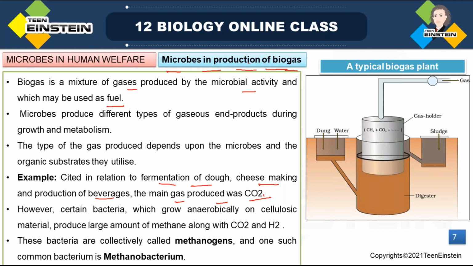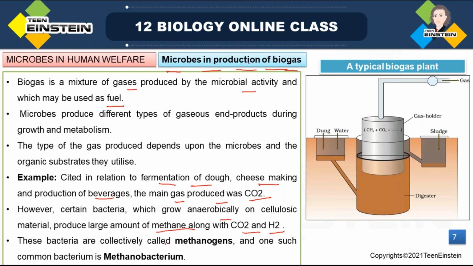Okay, then certain bacteria, like anaerobic bacteria on cellulosic material, produce a large amount of methane along with carbon dioxide and hydrogen. So on cellulosic material under anaerobic conditions, bacteria will produce methane along with hydrogen and carbon dioxide.